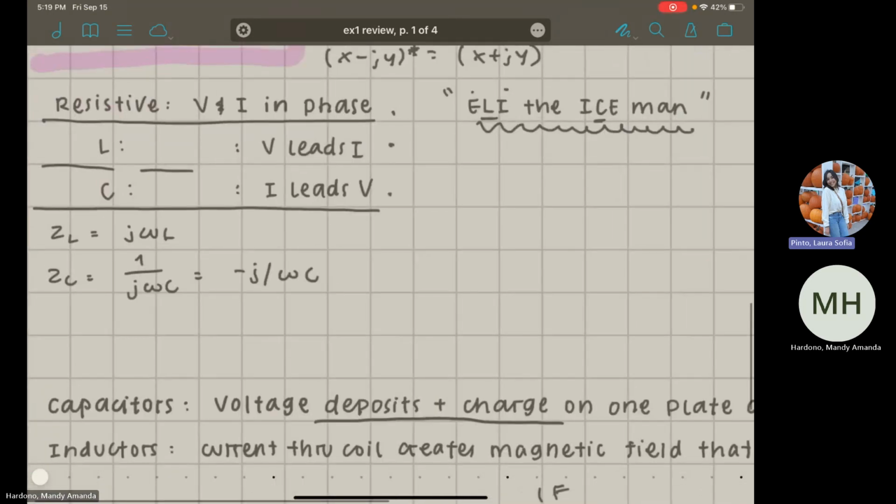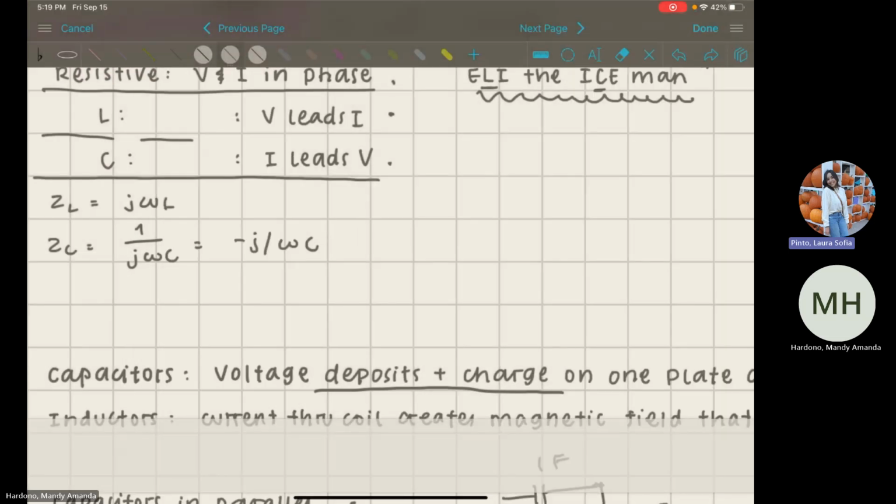And we have these impedance formulas. For the impedance of an inductor, it's going to be j omega. And then we remember omega is 2 pi times the regular frequency, in case they give you something in hertz and then you have to calculate impedance.